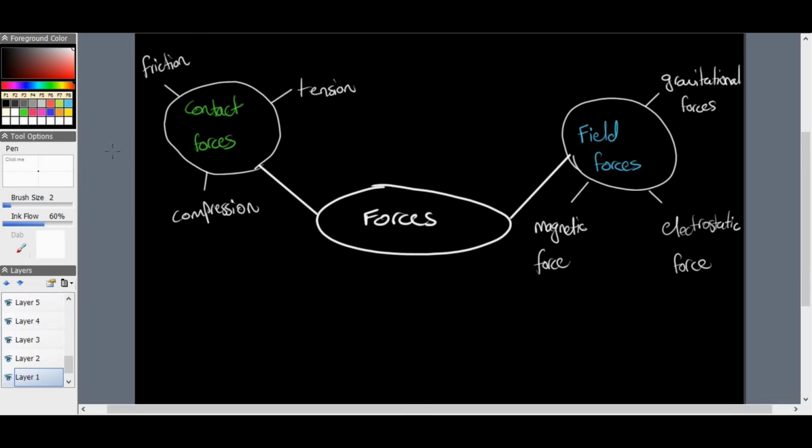So it would be safe to assume that forces would be needed to start moving things. A force would be required to start moving an object, whatever particular object it may be, but also needed to stop the object, in other words, just slowing the object down. Changing direction as well as changing shape.